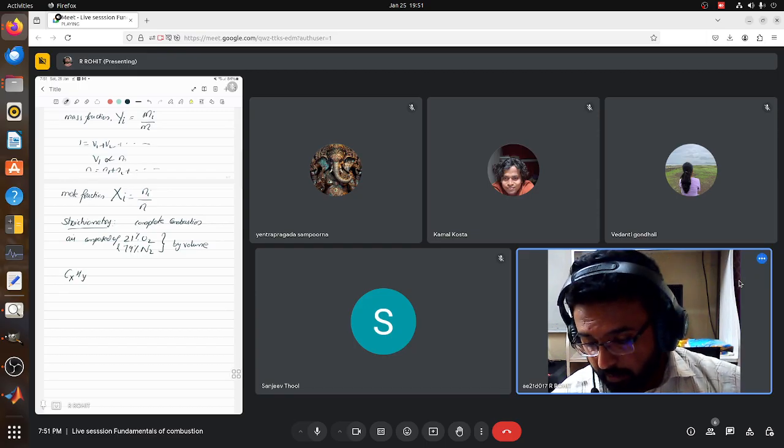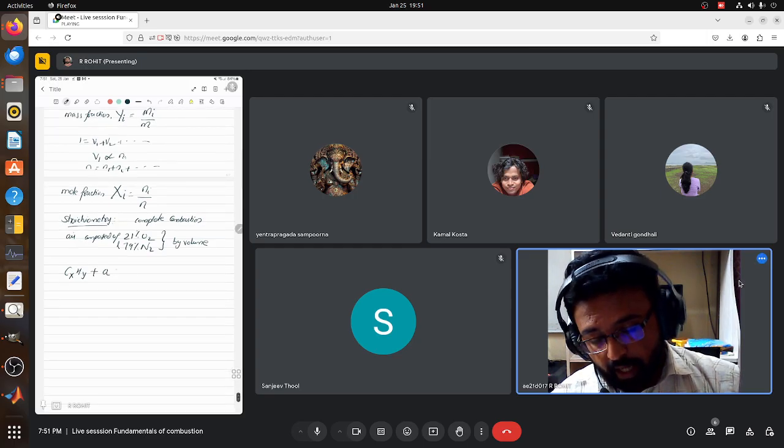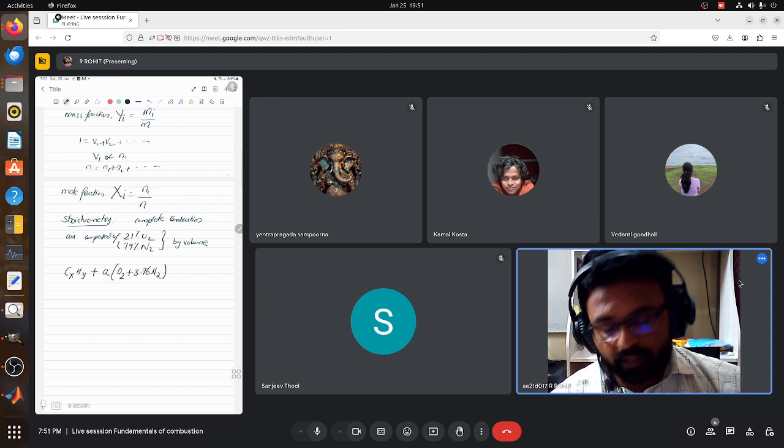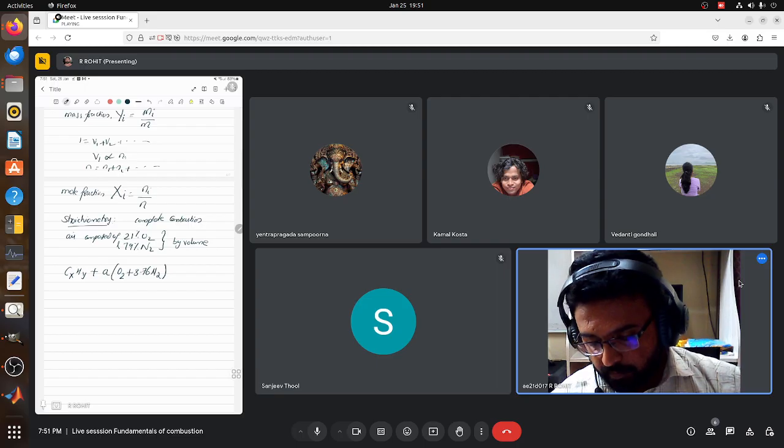So for a single step reaction, considering complete combustion in air, A moles of air will have oxidizer, that is O2, plus by volume it is 79%, so it will come to 3.76 times nitrogen content.